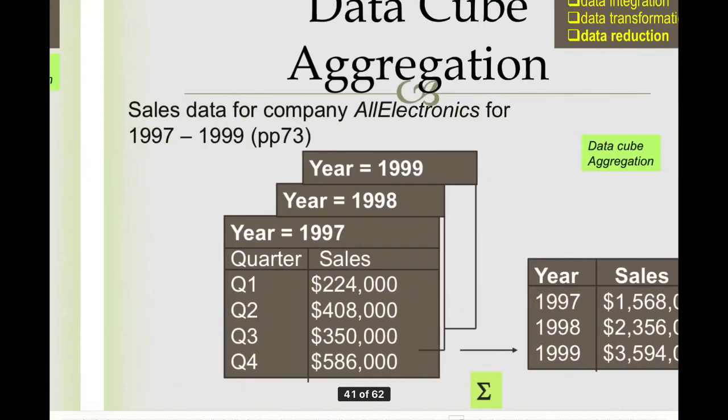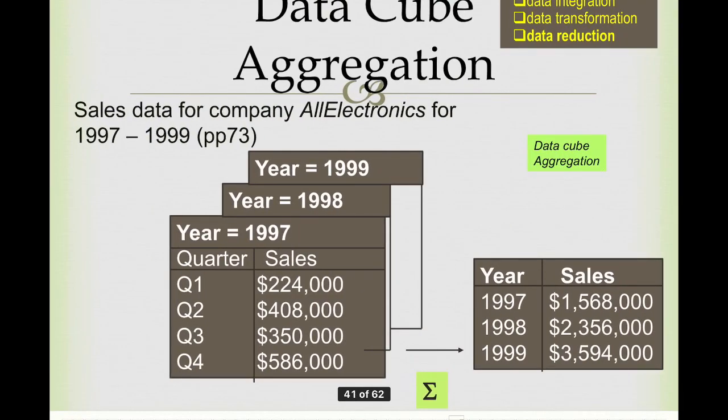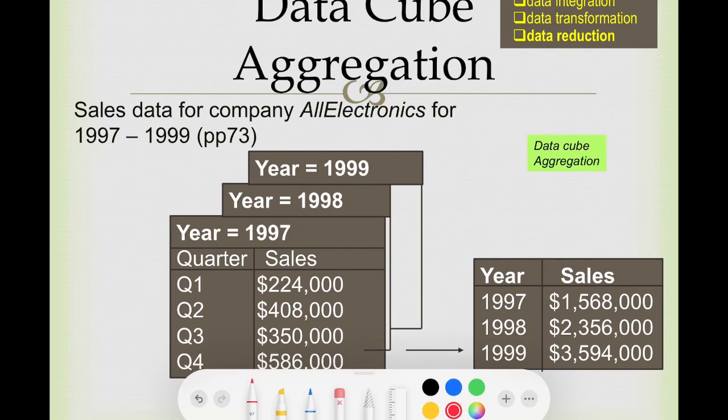In data cube aggregation, okay, this is an example of it. For example, we reduce the data from many attributes into one attribute. For example, you have the data set here. In year 1997, you have 4 quarters here. So you can sum it into an annual value.